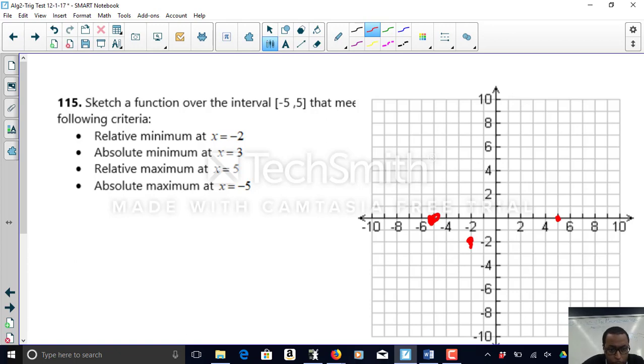Then it says absolute minimum at 3, meaning that if this is 3, my graph has to go below the relative minimum, so it kind of has to go here, okay? Relative maximum at 5, so I'm going to look at maximum, looking at how high it has to go.